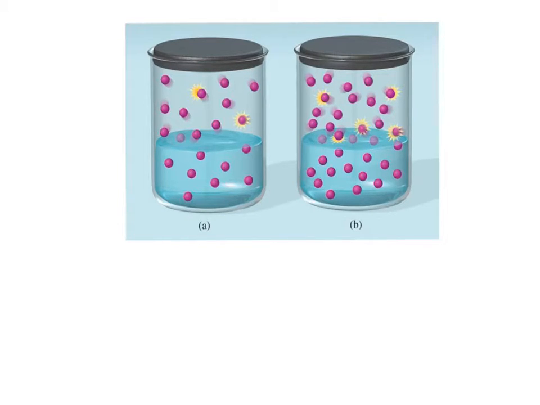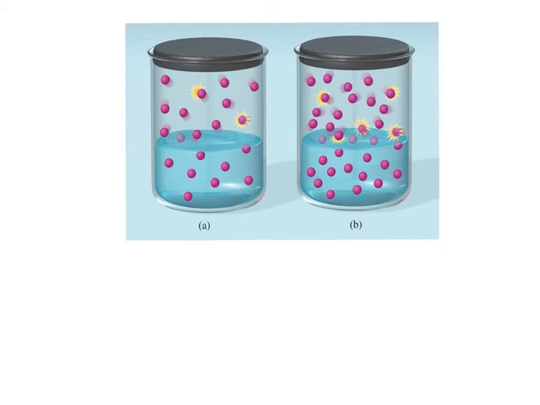So this is a diagram from your book where the flask, or the beaker, on the left has a lower concentration of gas molecules in the vapor phase above the solution.